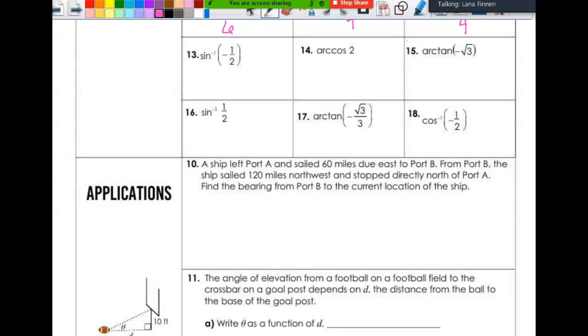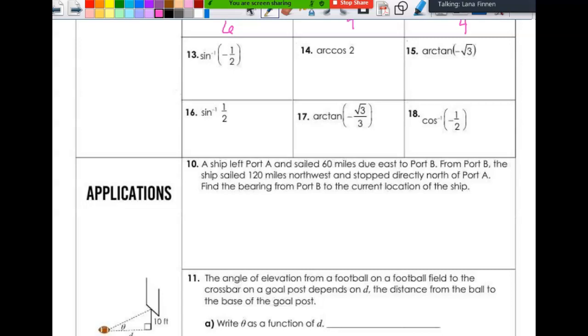So when is sine positive 1/2? What angle value for a positive 1/2? 45 degrees? No, 30 degrees. Oh, you're talking to me in degrees? What's it in radians? We haven't talked about degrees in a long time. True. It's pi over 6.